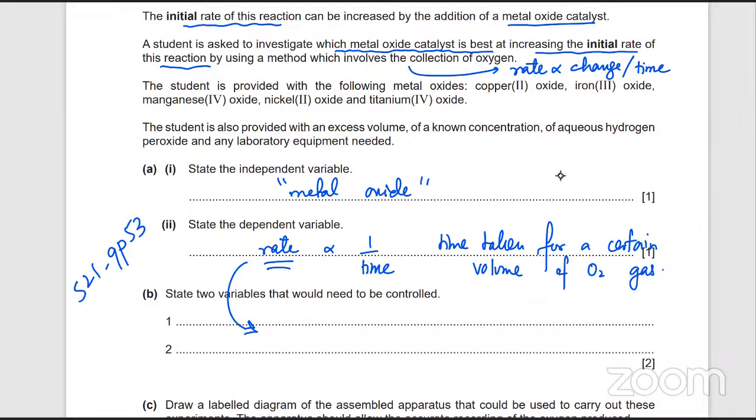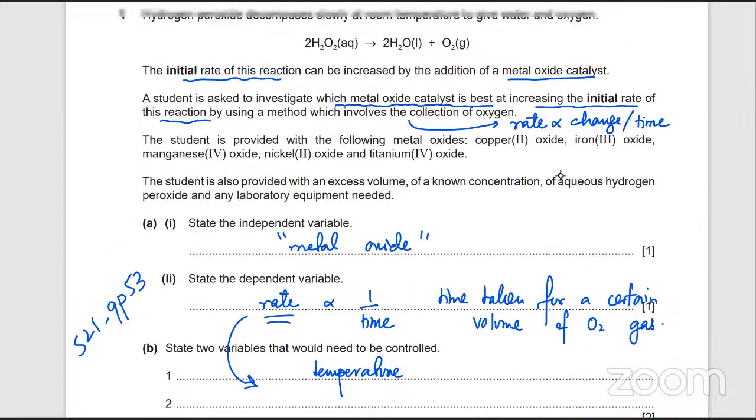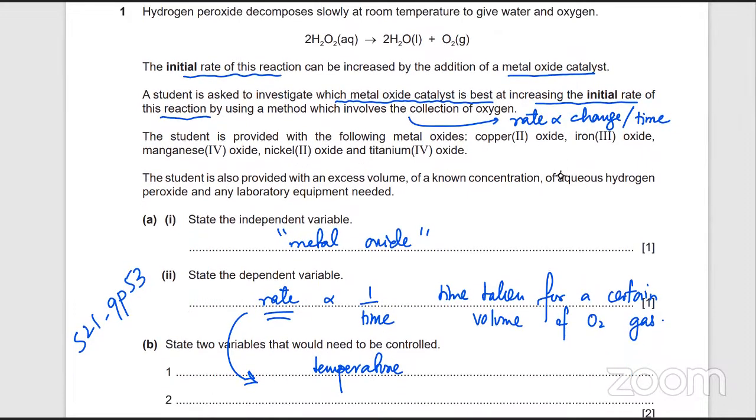So one variable that needs to be controlled is temperature. You can always control temperature. Then what else to control? You've got to control, I guess, the concentration of H2O2. That's because you're not investigating concentration. So concentration of H2O2. What else needs to be controlled?